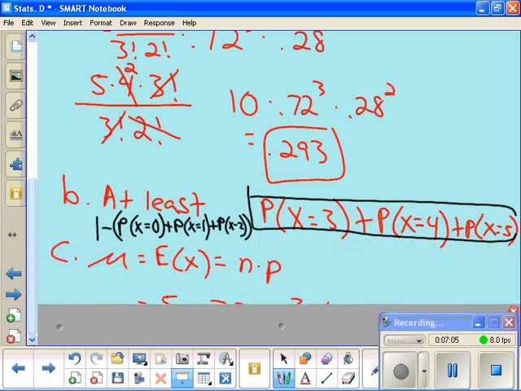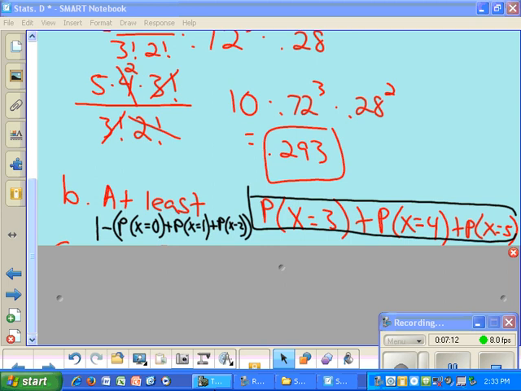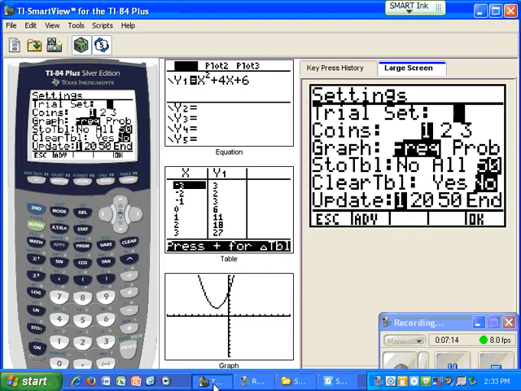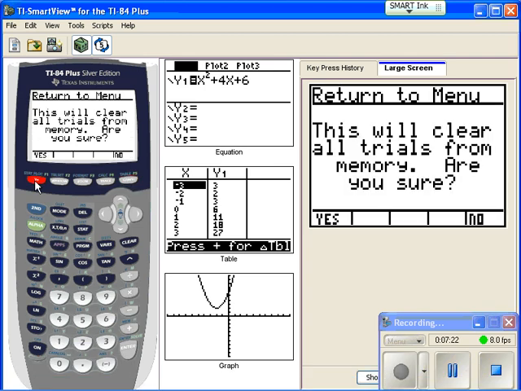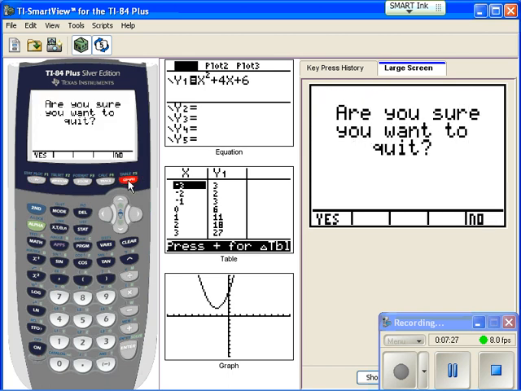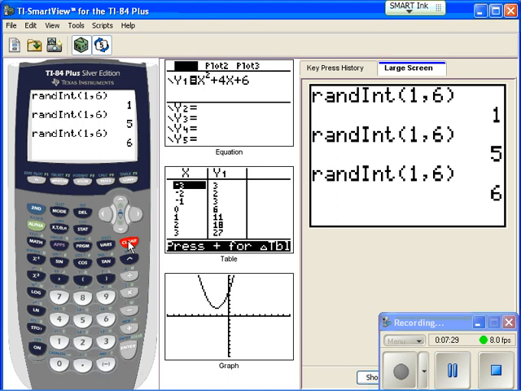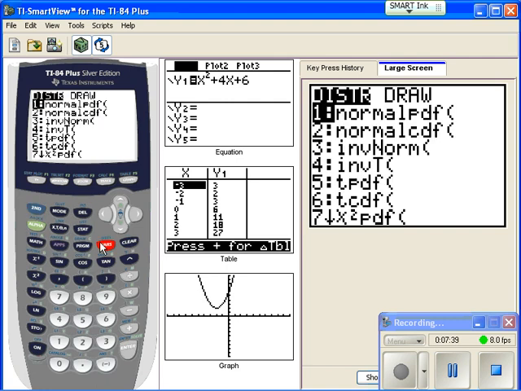All right, so continuing, we're going to do this part B on the calculator. We'll come back to expected value in a minute. So let's go to the calculator and do this. I'm in a probability simulator here. To get to the distributions on my calculator, I go second vars, and it gets me to this distribution menu.